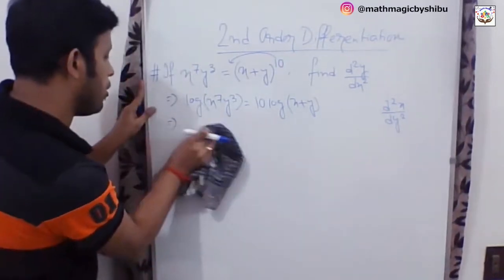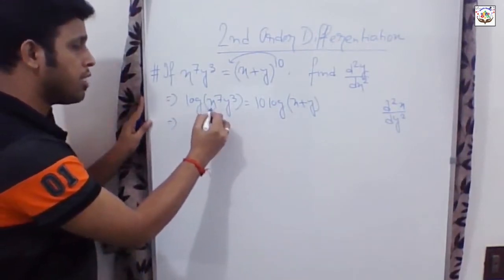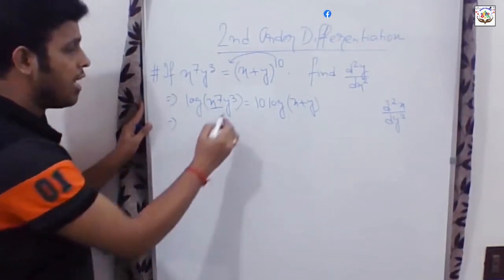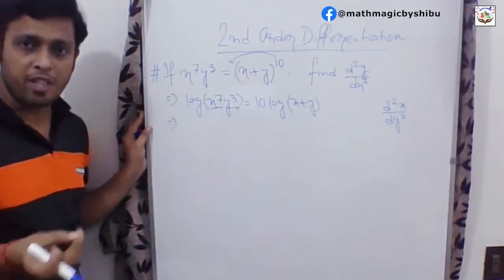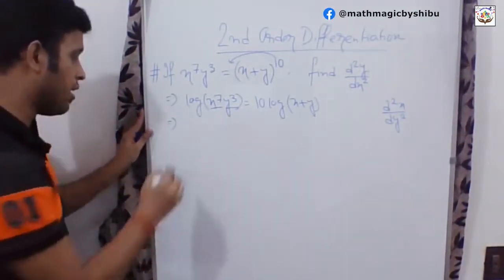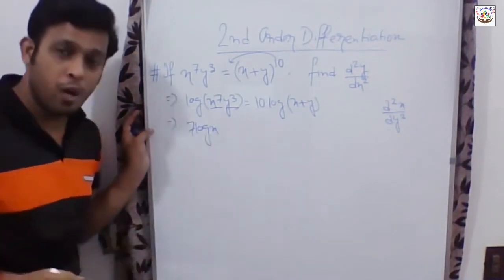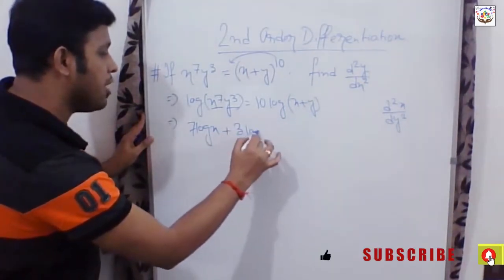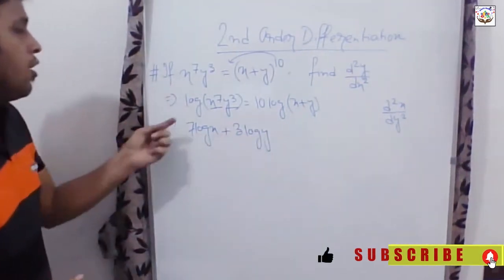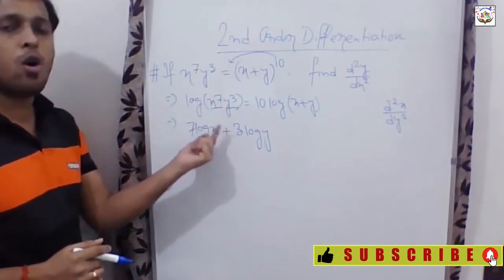Why? Because as we have log a into b, consider x to the power 7 as a and y cube as b. So log a into b means log a plus log b as per the standard formula of log, right? So it will be 7 log x, and it will be 3 log y, because log a into b means log a plus log b, that means log x to the power 7 plus log y cube.